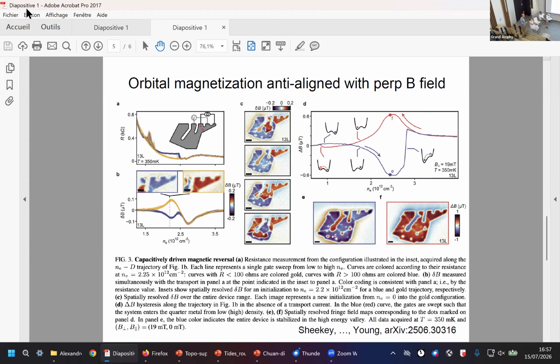They have something which is really weird. You imagine you prepare your magnet, it's aligned with your external field, in the direction of the external field. And now you tune this orbital magnetic moment by changing the doping. And when you tune it, there is a value at which the orbital magnetic moment reverses sign.